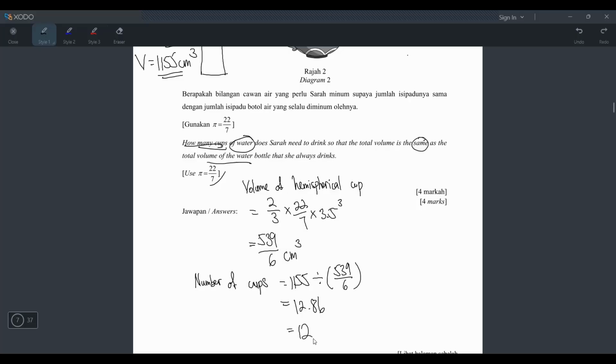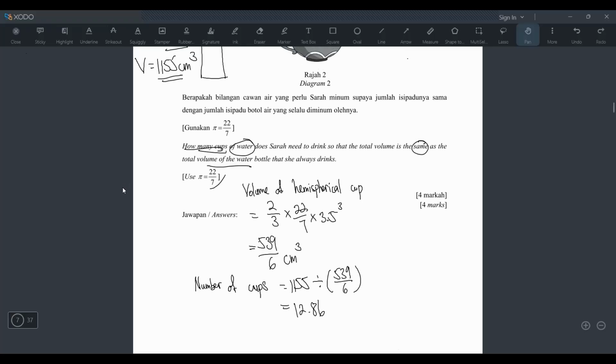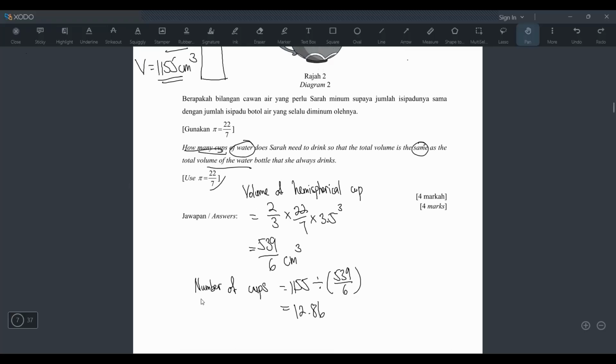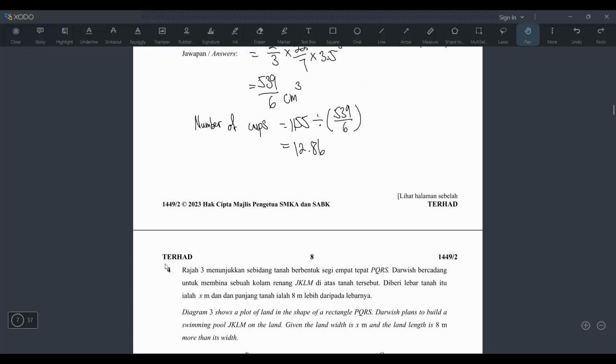So if I write 12 here, the volume is not the same. If I write 13 also, the volume is not the same. It's like extra a bit already, right? So I will just leave it like this: 12.86 cups of water. But actually there's still a lot of numbers at the back of the decimal.